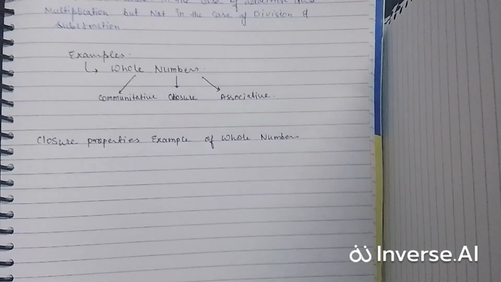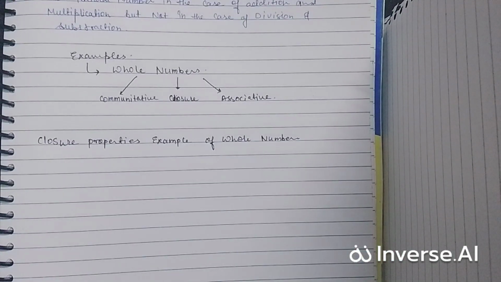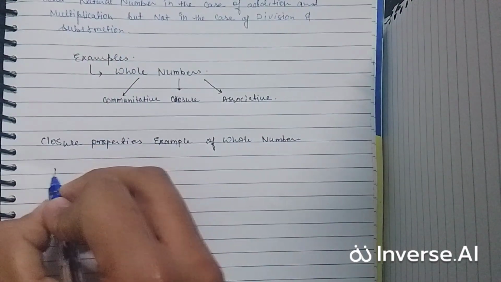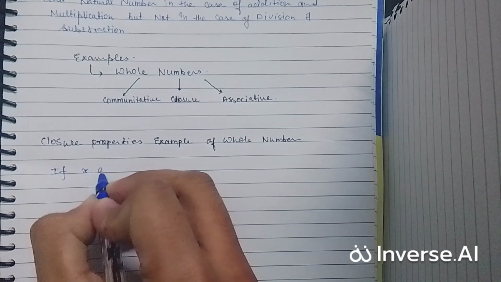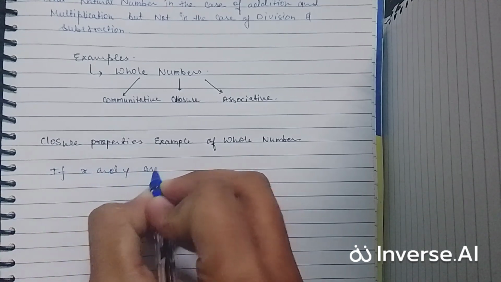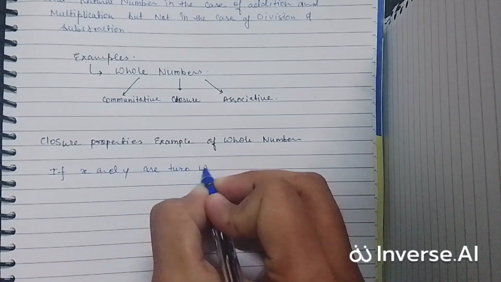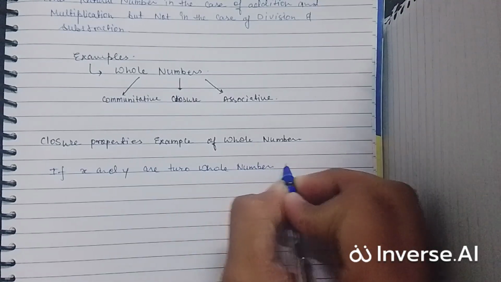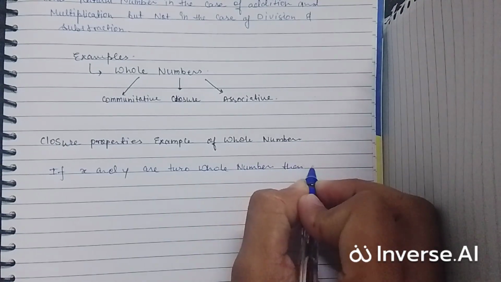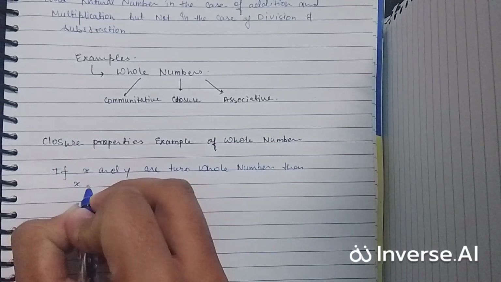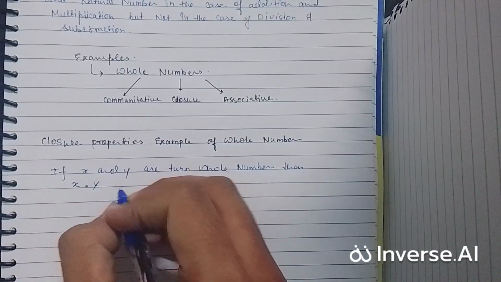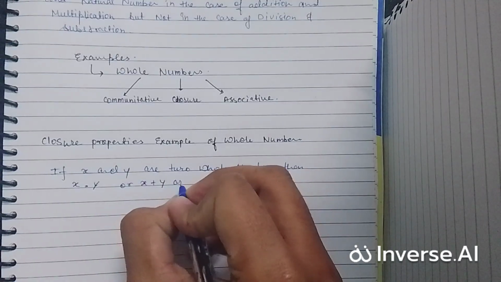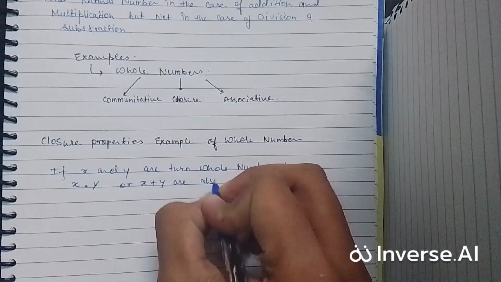They are closed under addition and multiplication. For example, if x and y are two whole numbers, then x into y or x plus y are also whole numbers.